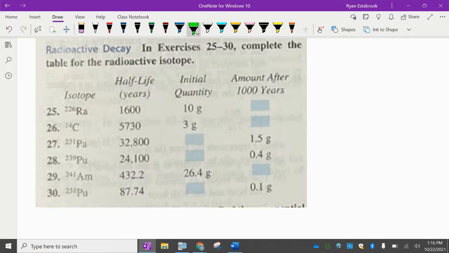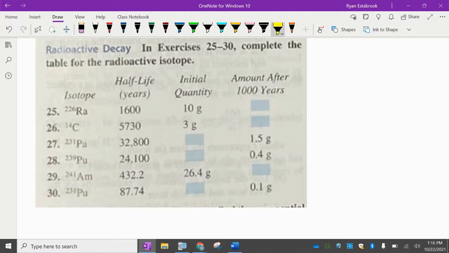Maybe palladium. Pu, Am. Anybody know any of these? I think Am is americium. I'm not positive, but americium. Okay, 25 through 30.